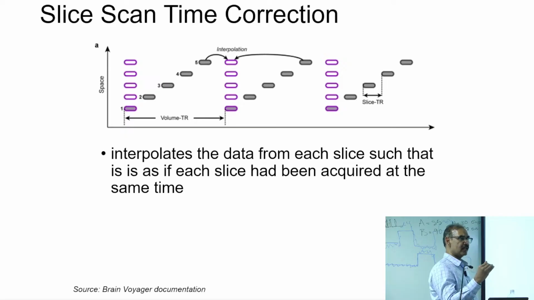If the second slice was collected 100 milliseconds later, it will use a time shift by 100 milliseconds, right? And for the third slice, it will do a delay by 200 milliseconds, and so on. Again, based on how the data was collected, right? If it was collected sequentially, then it will do it in that fashion. If it was done in an interleaved fashion, then it will do it in that fashion.